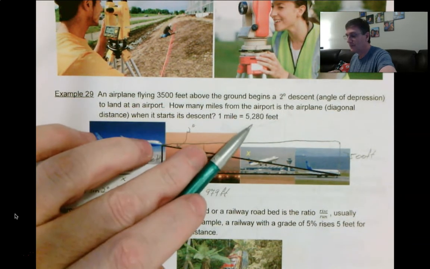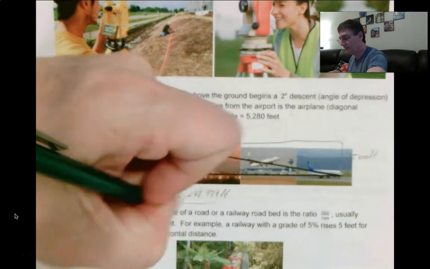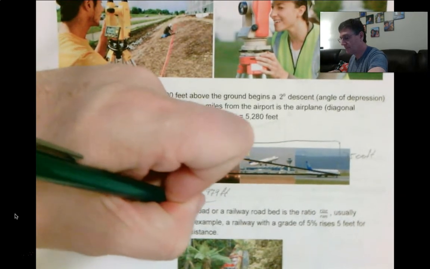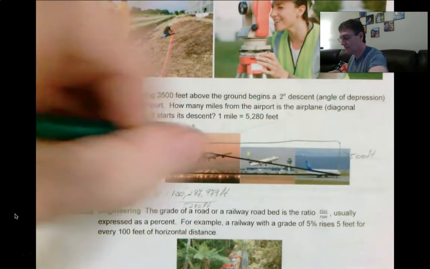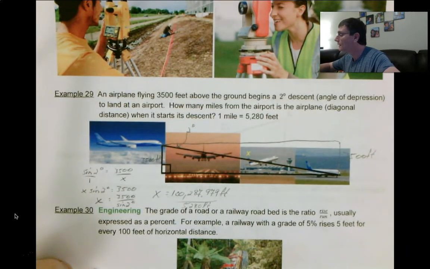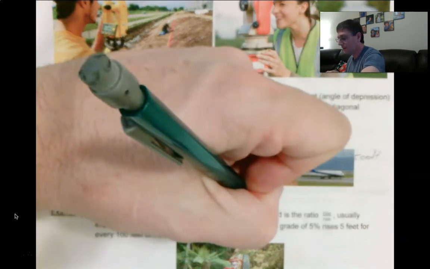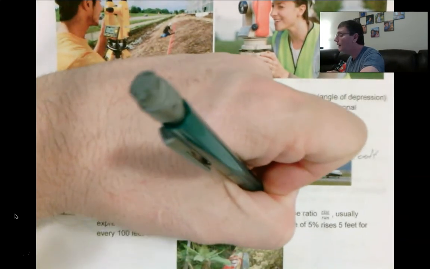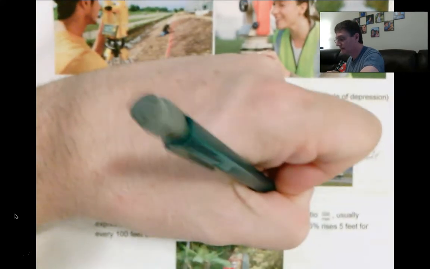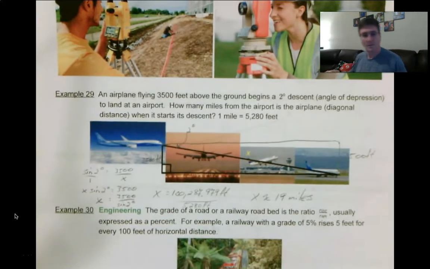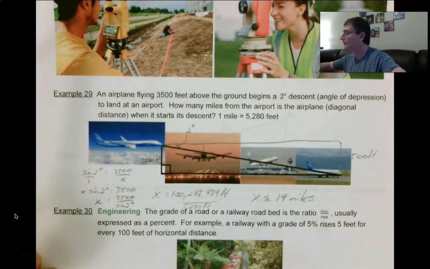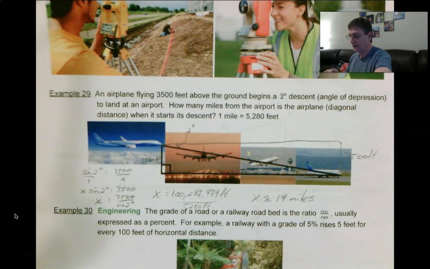So we're going to divide that by 5,280 feet a mile to figure that out in miles. And we get x is approximately 19 miles for it to descend before it lands.